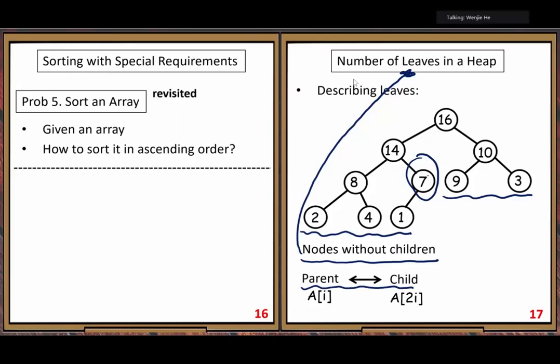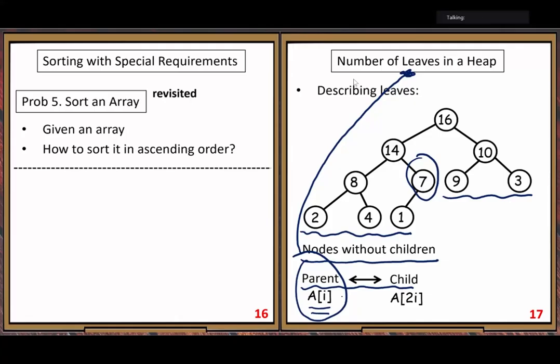Now, think about under what condition this A of i node is a leaf node.